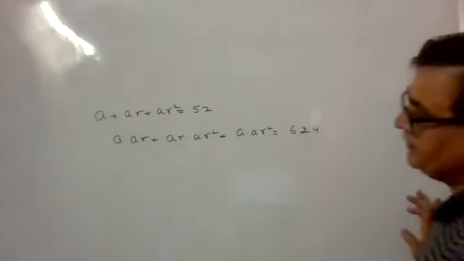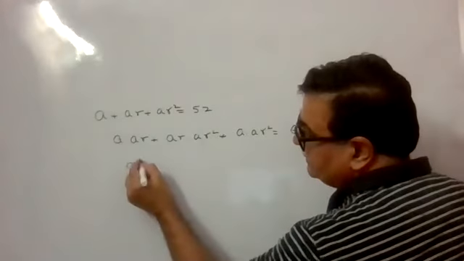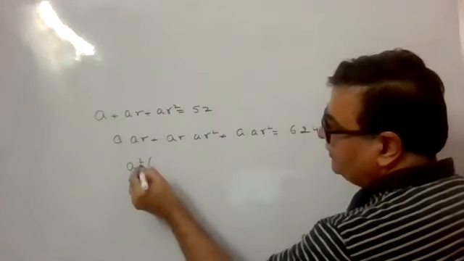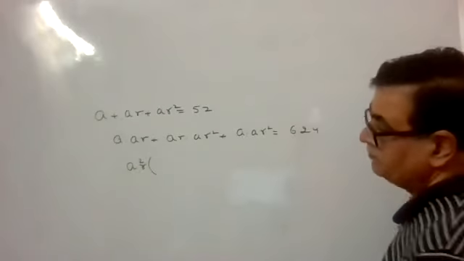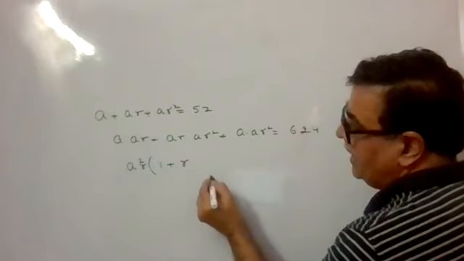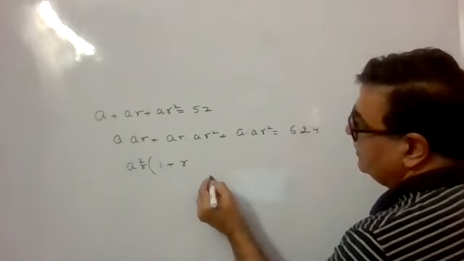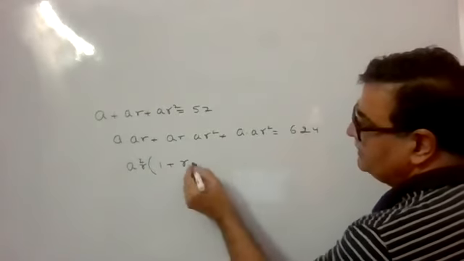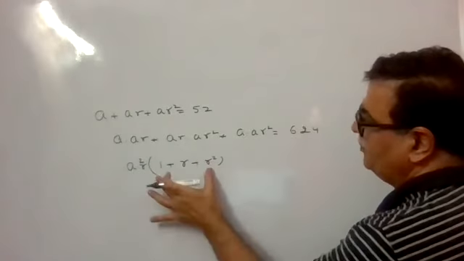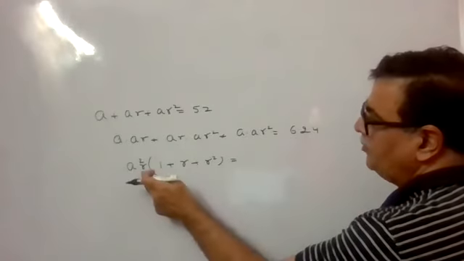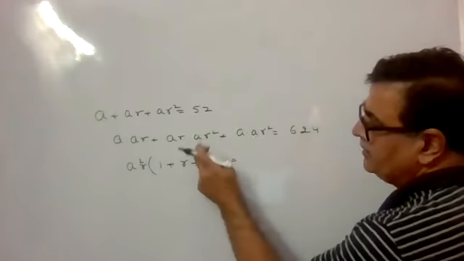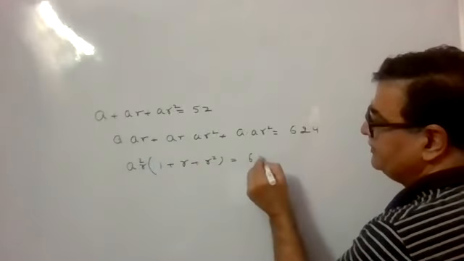So what we do in this case: first I'll take A square common, and R is also common in it. Left is 1 plus R plus R square. Is coming 624.